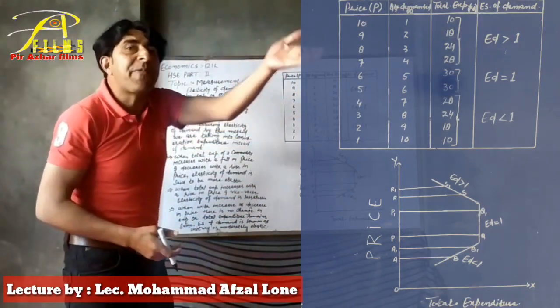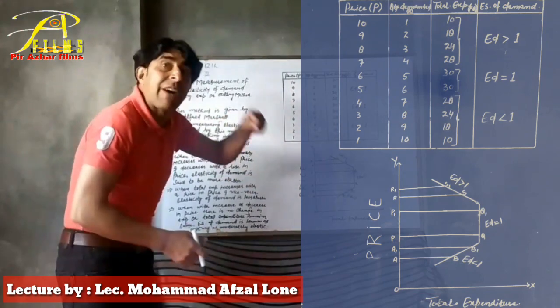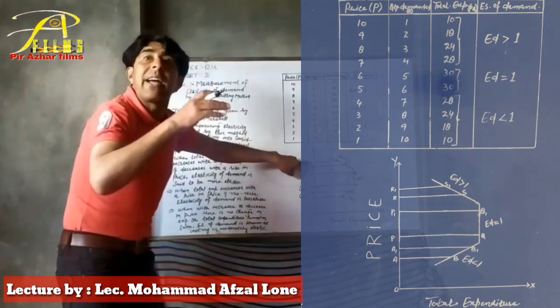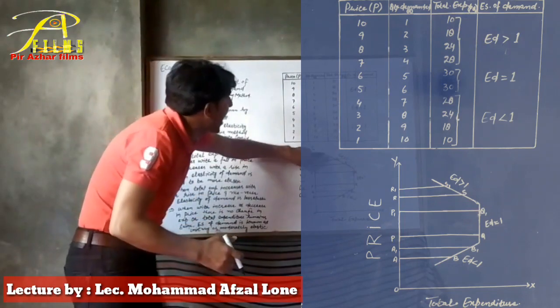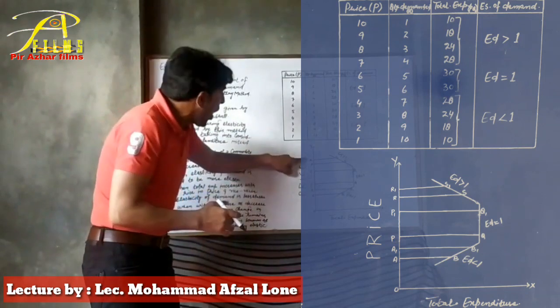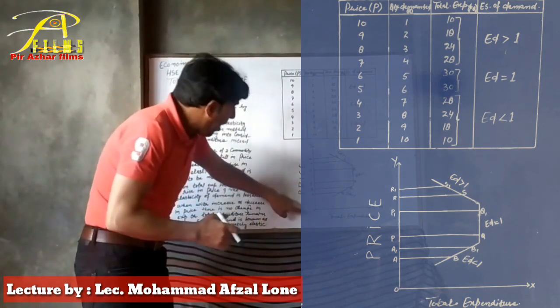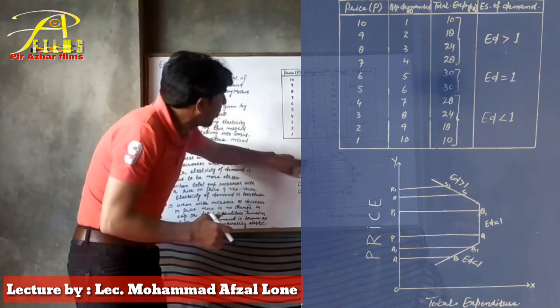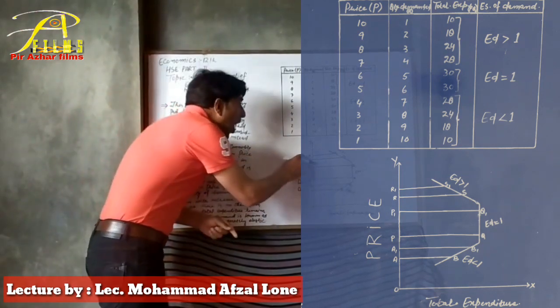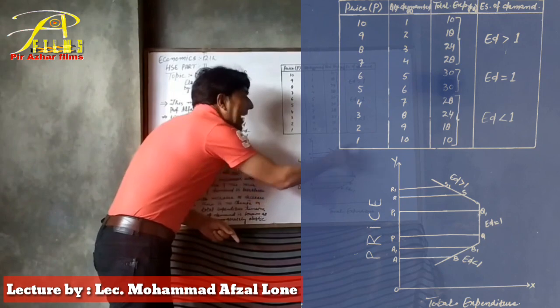Now let us see from the opposite side. Let us suppose our initial price now is OR1. Our initial total expenditure is R1S1. When price falls from OR1 to OR, total expenditure changes from R1S1 to RS.